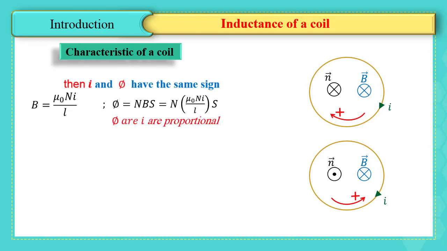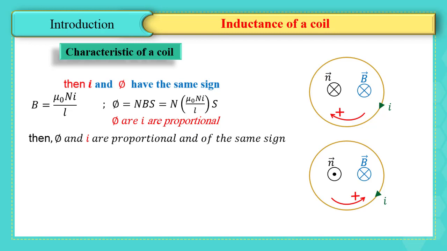So, the self-flux is equal to NBS, equal to N multiplied by mu0 N i over L times S, where the self-flux and i are proportional, since N, mu0, L, and S are constants. Then, the self-flux and i are proportional and of the same sign.